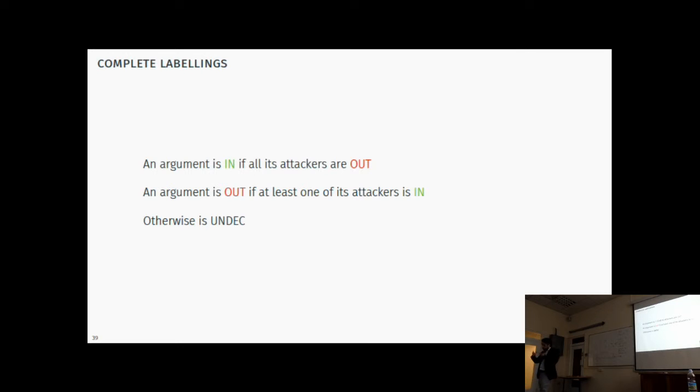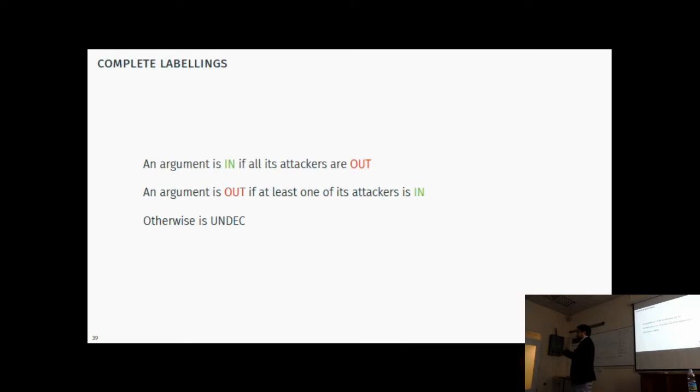We just want to identify all those functions, and each function will have a one-to-one correspondence with an extension that we defined before. And we have some constraints we want to enforce. So we want to say that this function can label an argument as in if and only if all the attackers of this argument are labeled as out. An argument must be labeled out if there is an argument attacking it that is labeled in. And if these conditions cannot be satisfied, then the argument is undecided.